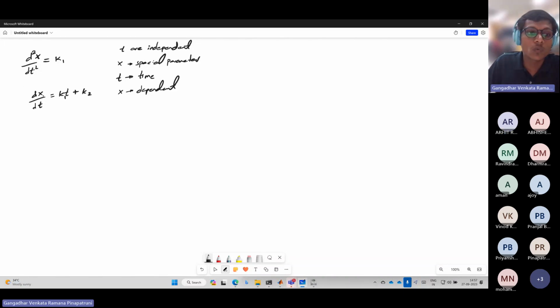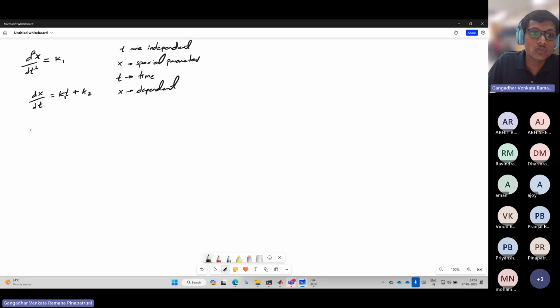Here we have only one independent variable and one dependent variable. So we are using the direct ordinary differential equation instead of going to the partial differential equation. If you have multiple independent and multiple dependent variables, then you may need to go for partial differential equations. So here, let's see this one equation, dx by dt equals to k1t plus k2.